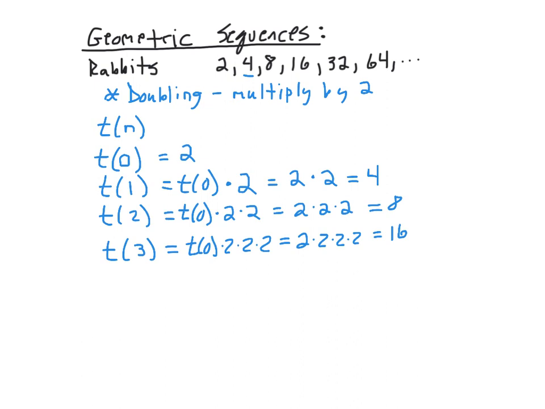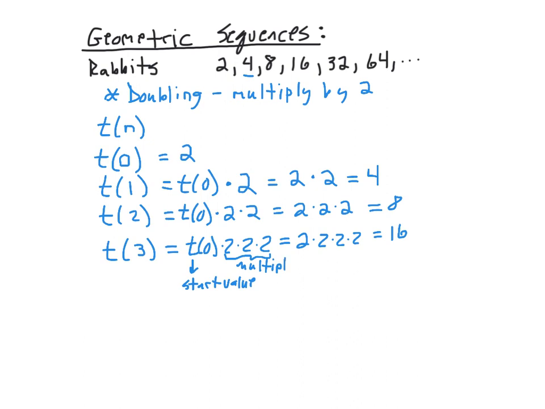Well, let's see what kind of pattern we've got here. Notice that I purposely put in t of 0 each time. That's my start value. We know that term. It's t of 0. Start value. Oftentimes it's also the y-intercept. But now I've got this new thing right here, the multiplier.